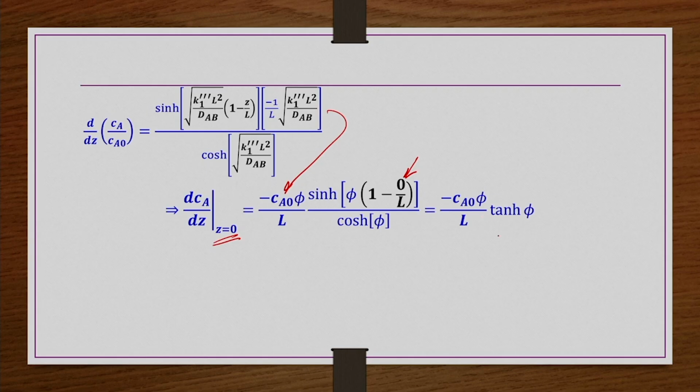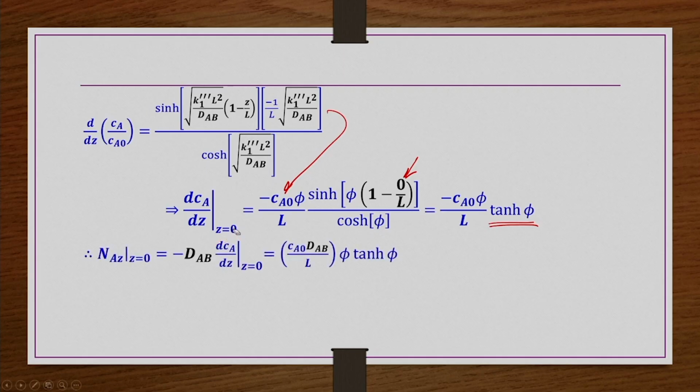So, sin hyperbolic of phi divided by cos hyperbolic of phi is tan hyperbolic of phi, right. If you multiply both sides by minus DAB, you will get the flux, because NAz is equal to minus DAB dCA by dz at z equal to 0, which is equal to Ca naught DAB by L times phi tan hyperbolic phi.